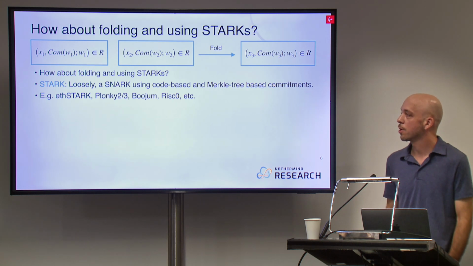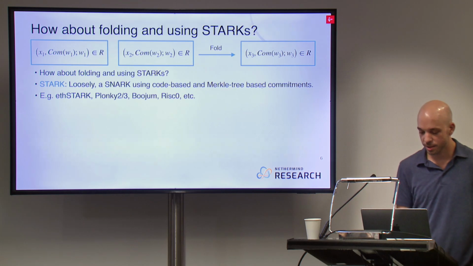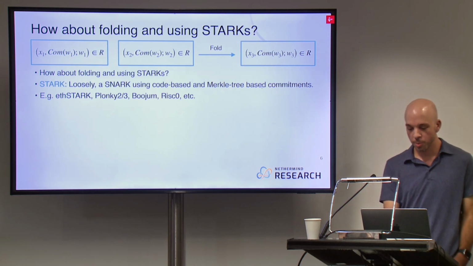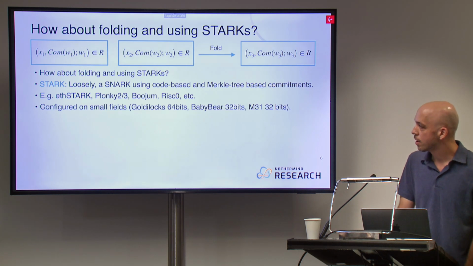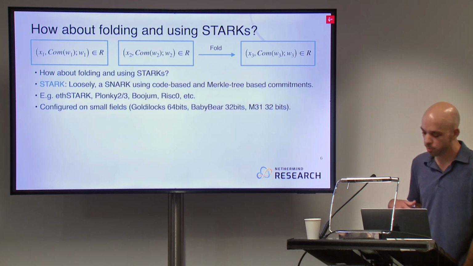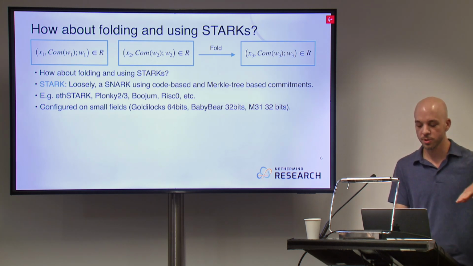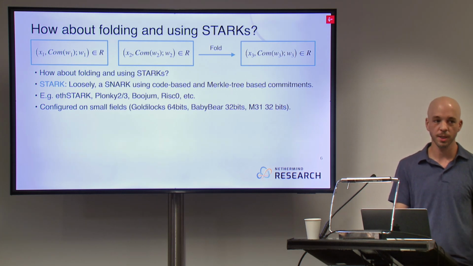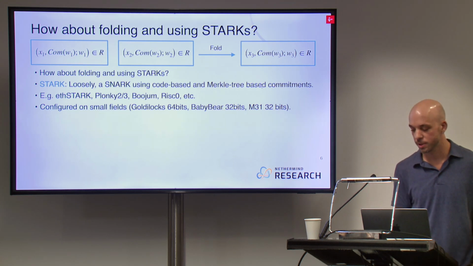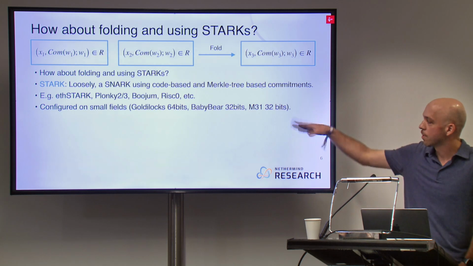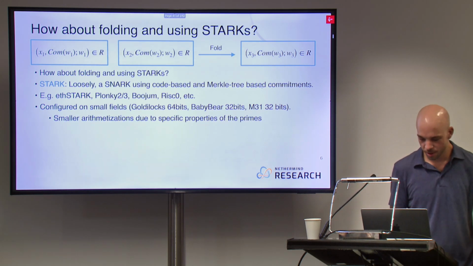You can think of ETH STARK, by which I mean the original StarkWare STARK protocol, Plonky2, Plonky3, Boojum, RISC Zero, etc. A very good property of these schemes is that you can configure them on small fields. For example, Goldilocks, which has 64 bits, Baby Bear, 32, M31, which has 31 bits, but roughly this number of bits.